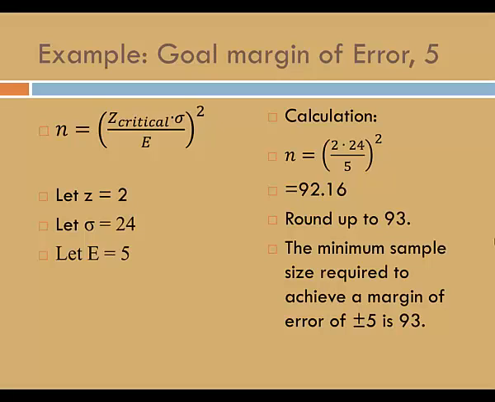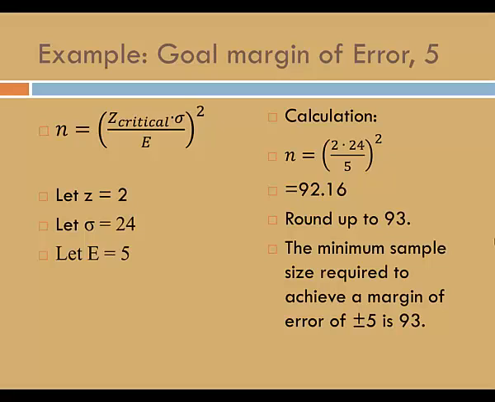Here's an example. Our goal margin of error is 5. Our critical value of z is 2. The population standard deviation is 24. On the right-hand side, these values are placed in the formula. 2 times 24 is 48. 48 divided by 5 is 9.6. 9.6 squared is 92.16.